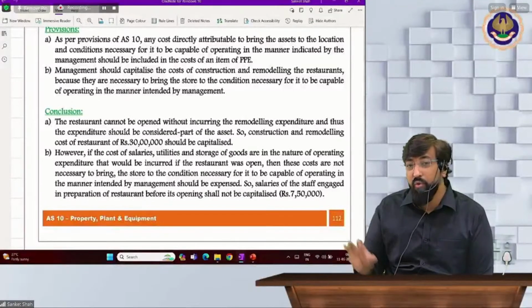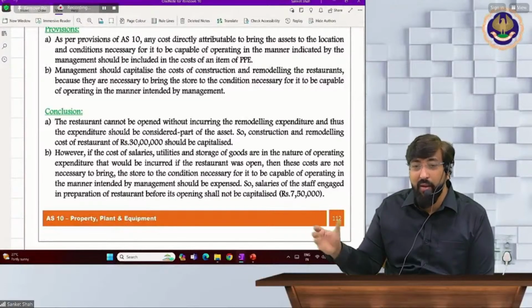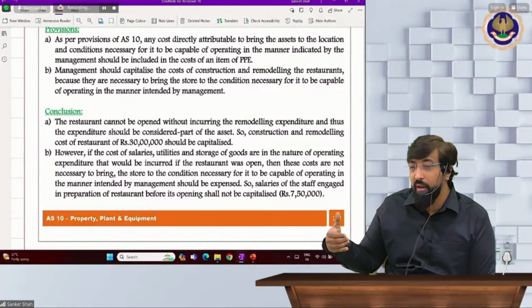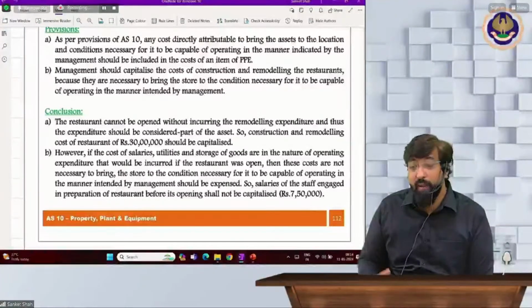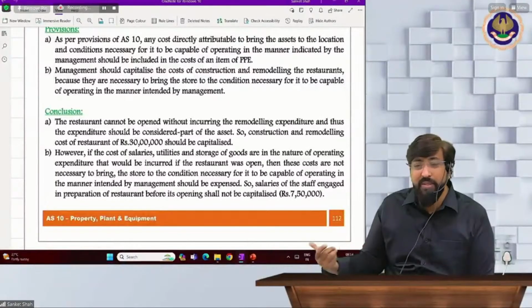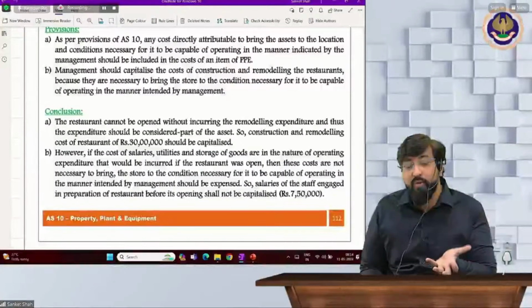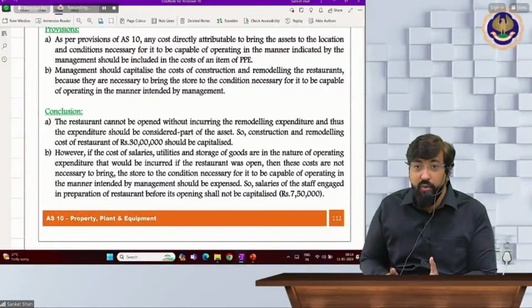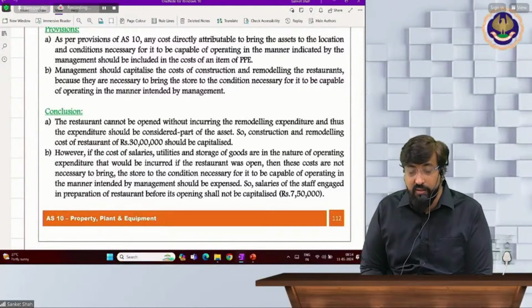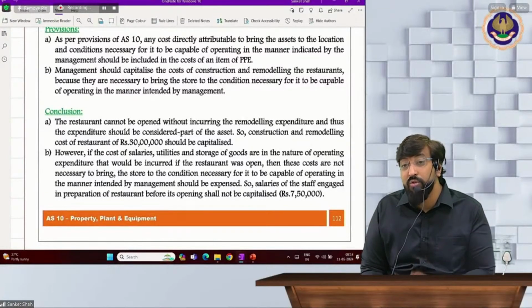Meaning, the salary we were paying regularly to my staff. If I am doing the renovation in my restaurant and my staff is there, and I have to pay salary, what will they say? Sir, why are you stopping our salary? It's your renovation but we are your regular employees and you have to pay. That renovation is not our fault. So why are you stopping my salary?